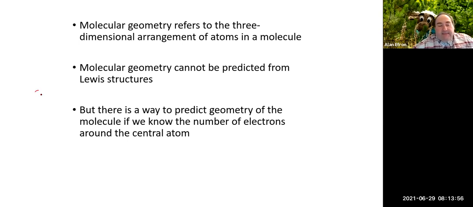The center atom is always the important guy when we do geometries. As it says there on the bottom, it's about that center atom and how many electron pairs and how many bonds there are around it. It dictates the geometry that we see associated with a particular compound.